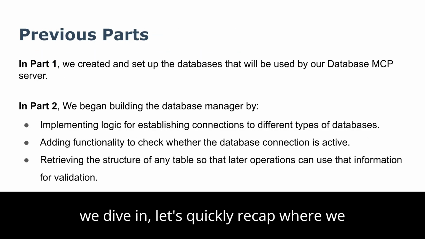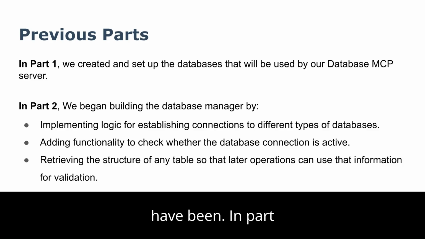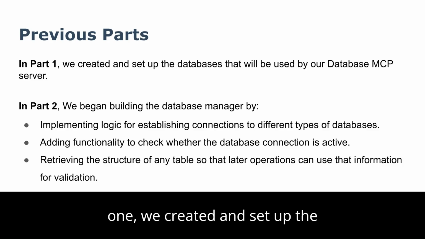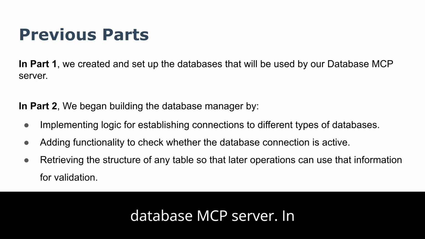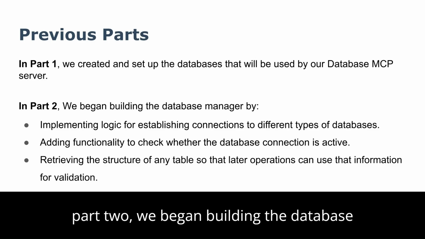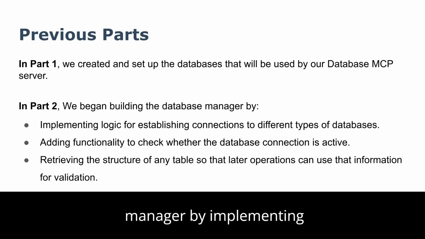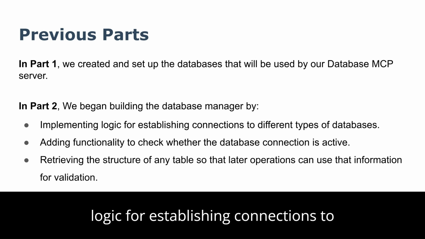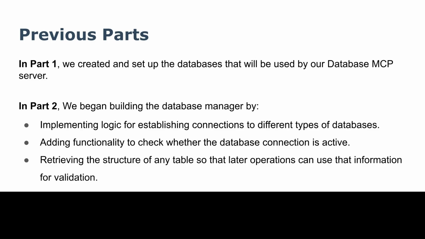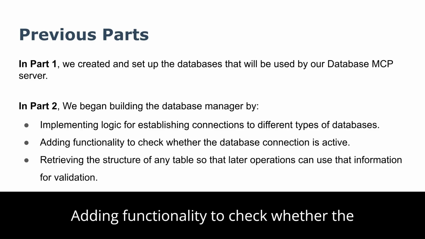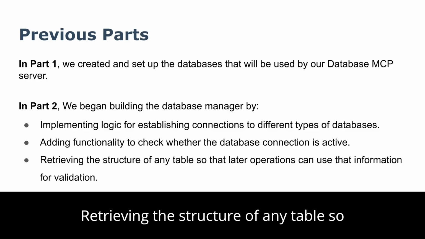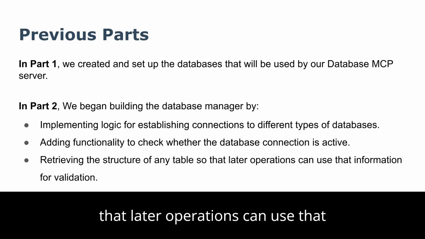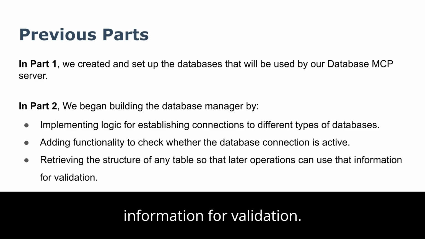Before we dive in, let's quickly recap where we have been. In part 1, we created and set up the databases that will be used by our database MCP server. In part 2, we began building the database manager by implementing logic for stabilizing connections to different types of databases, adding functionality to check whether the database connection is active, retrieving the structure of any table so that later operations can use that information for validation.